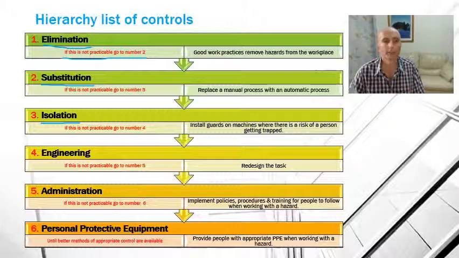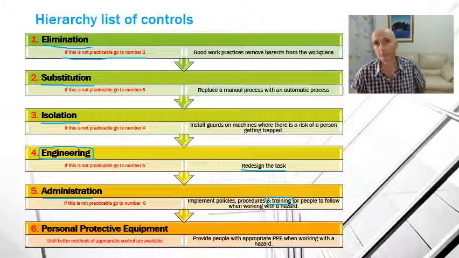If that's not working, and at number 4, this is where the whole hospitality establishment and all the workers would be working together too. This isn't working. How do we redesign the task so that it is safer? And then once that's been done, the administration of making sure that there are policies and procedures in place, that people are trained and know what to do in these situations with these particular hazards, and also making sure that everyone has the personal protective equipment and that everyone is using it.